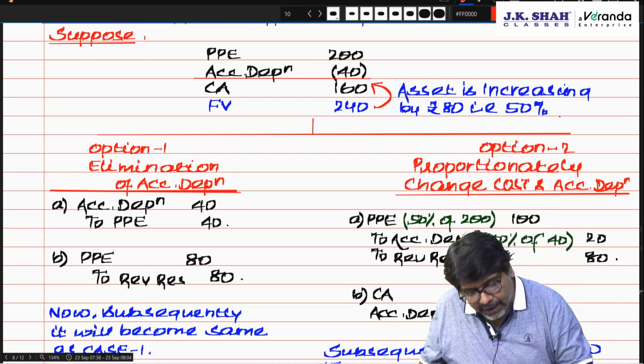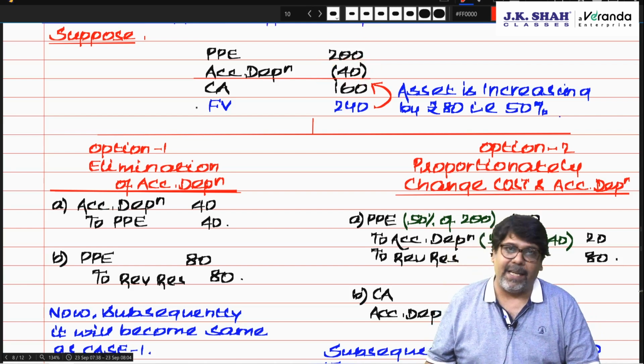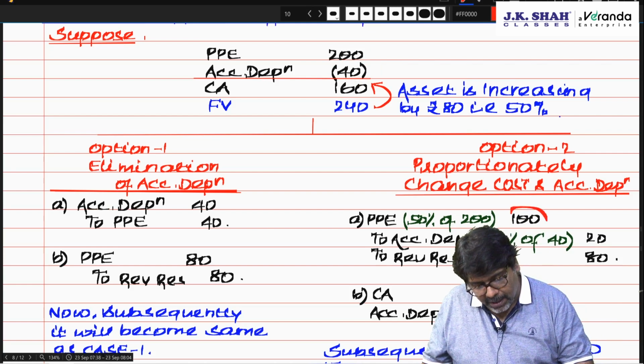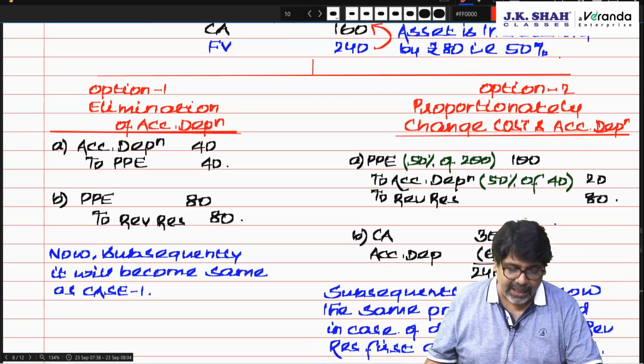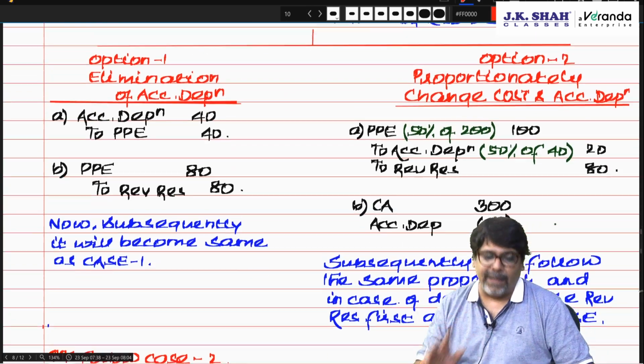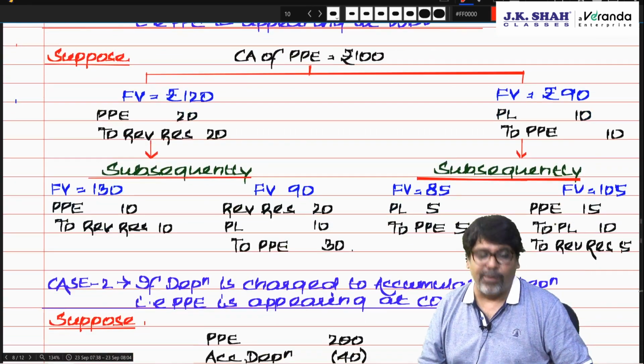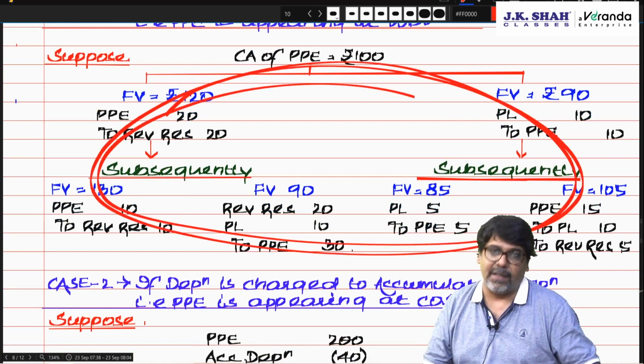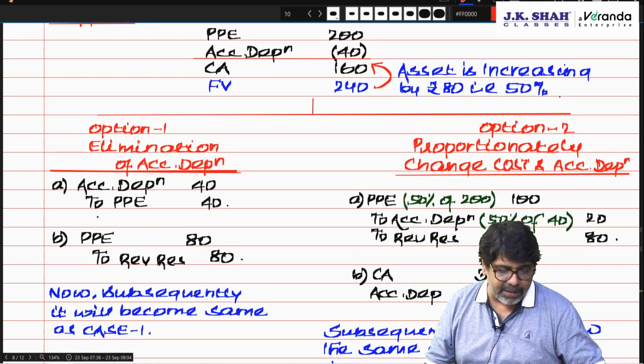So this will increase by 100, this will increase by 20. Am I clear? So PPE 100 to accumulated depreciation 20 to revaluation reserve 80. Correct? If there is no accumulated depreciation, you follow the first method. If there is accumulated depreciation, you follow this.